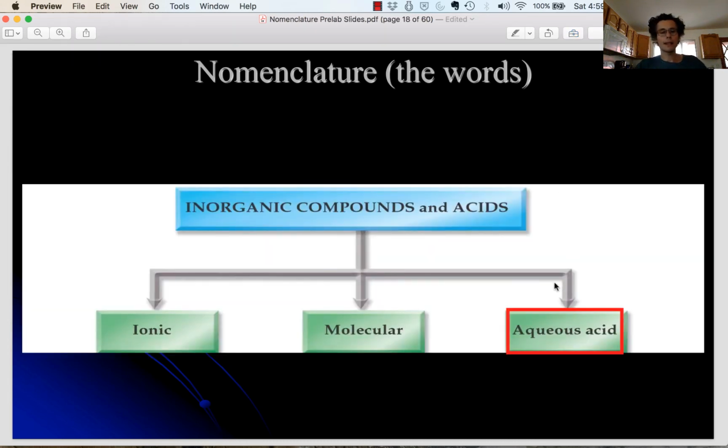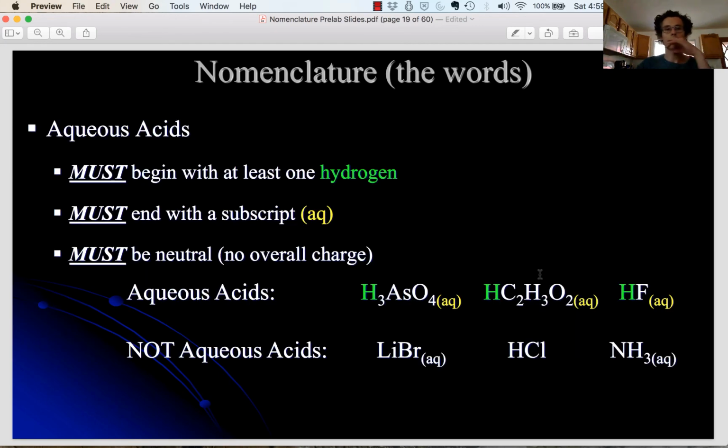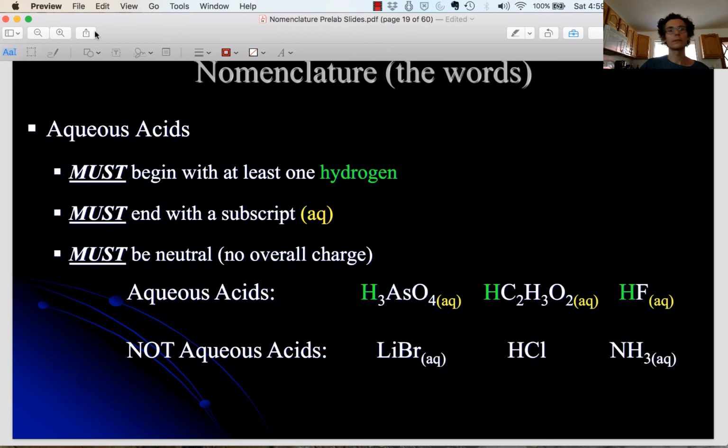And then the last thing is aqueous acids. For aqueous acids, the chemical formulas are going to begin with a hydrogen. There's always going to be a hydrogen out in front. The name or the chemical formula is going to end with aq. You're always going to end with aq.